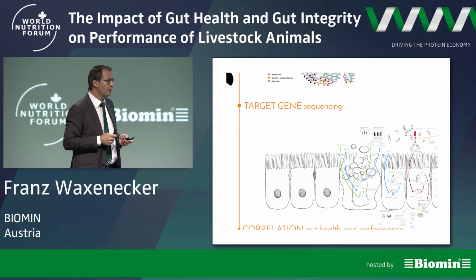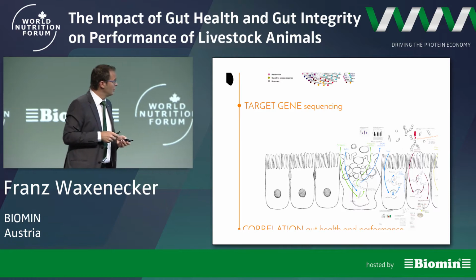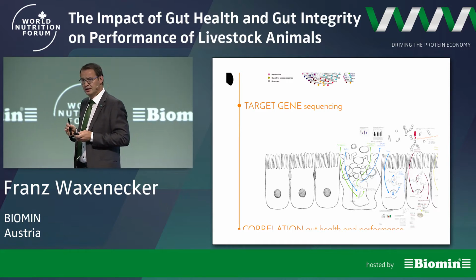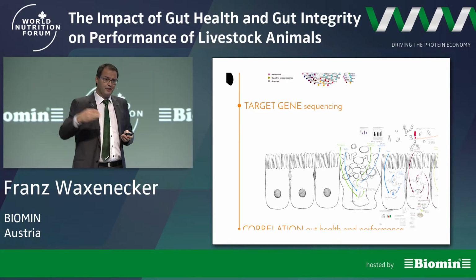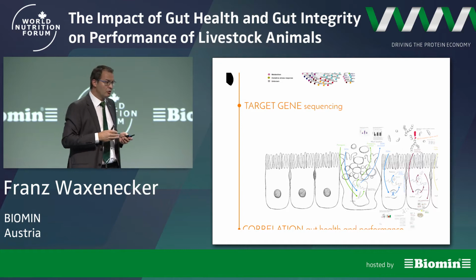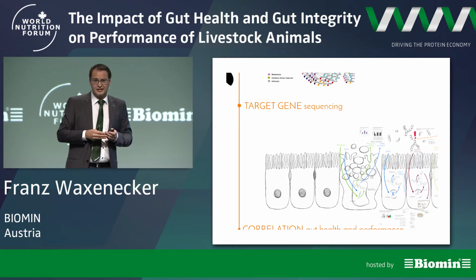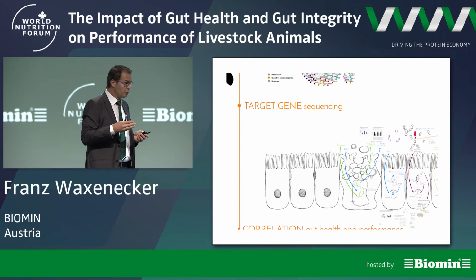And this is something we try to do in our research, to have a look at a limited amount of target genes, where we know that they have a further impact on the animal's health. I want to show you here some examples, and again, I simplify on purpose.